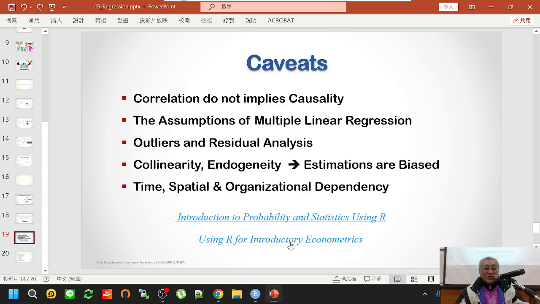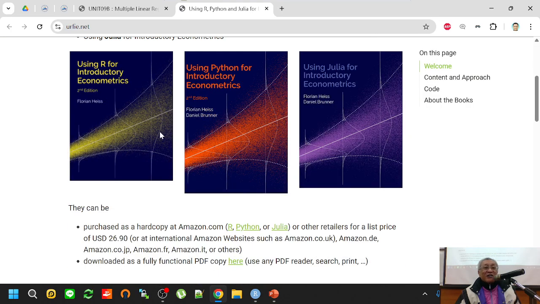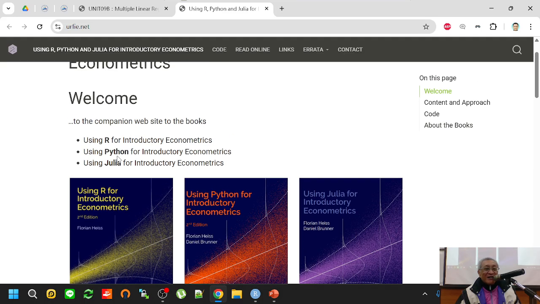You can see there's Introductory Econometrics. It's actually an online book, and it will tell you how to use R, how to use Python, to learn econometrics. As I told you, this kind of textbook used to have like 1,000 pages, right?